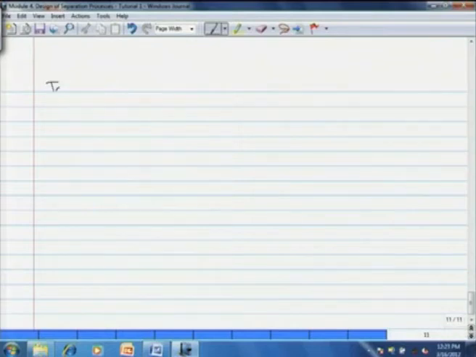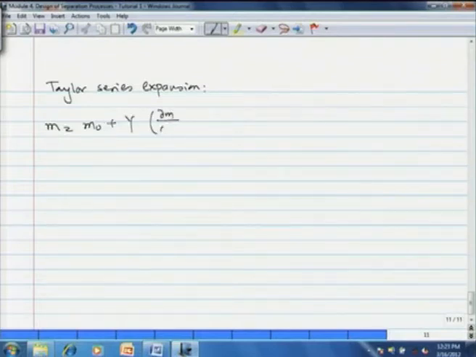So, we now expand the Taylor series. M is a function of 3 variables: capital X, capital Y and T.